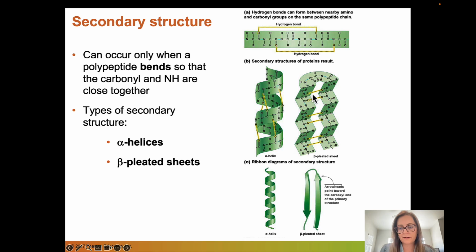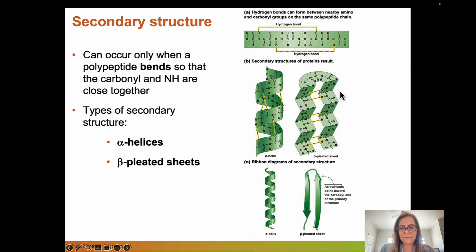Hydrogen bonds can form between these parallel parts of the protein, so they can form opposite each other. In a ribbon diagram, these are often represented by arrows where the protein is traveling in one direction, then we have that turn, and then the protein travels in the other direction.